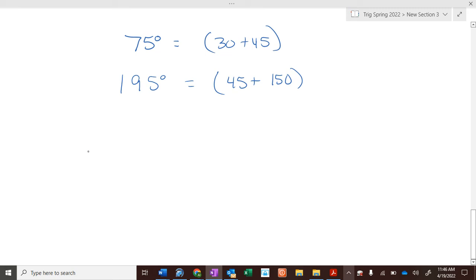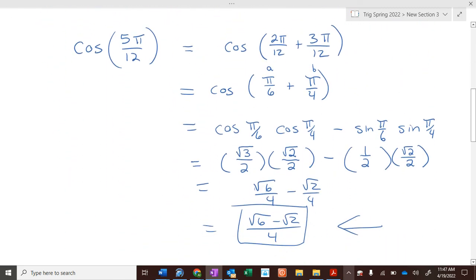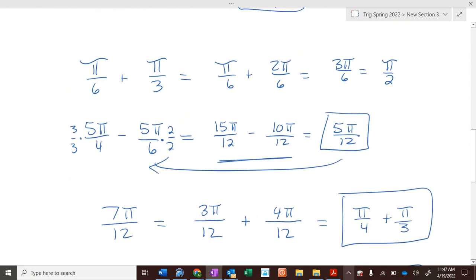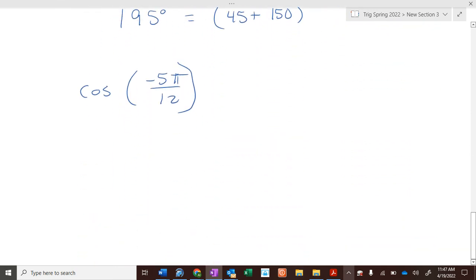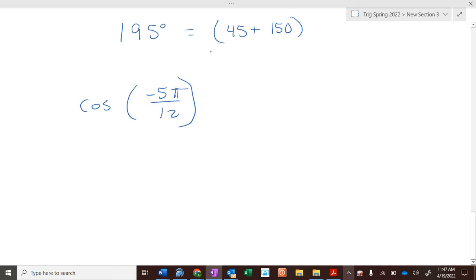Okay. So let's figure out this one. Let's find the cosine of negative 5 pi over 12. Okay. So we're going to do it all the way through now, just like we started with right here. We did this one all the way through. Now we're going to do this one all the way through. To do that, we need to figure out what two things add up to be, or subtract to be, negative 5 pi over 12.